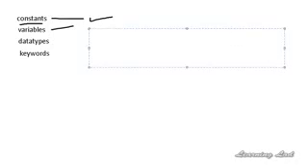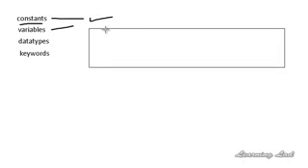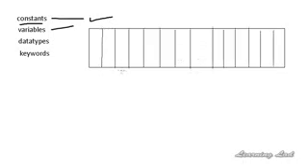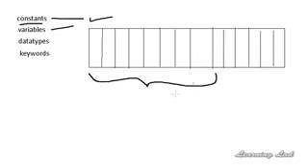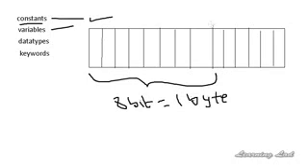In computer memory, whatever we save, the values will be stored in zeros and ones. So this computer memory is divided into small bits, and the small bits are grouped to form bytes. 8 bits are grouped to form 1 byte. So it's going to be 8 bits equal to 1 byte.